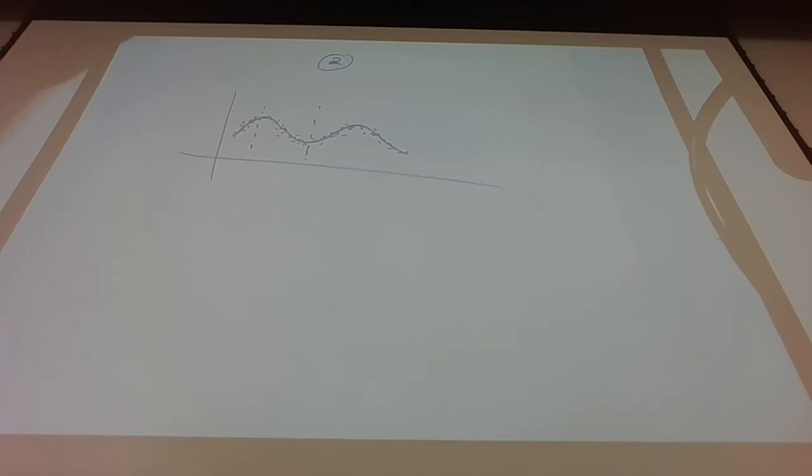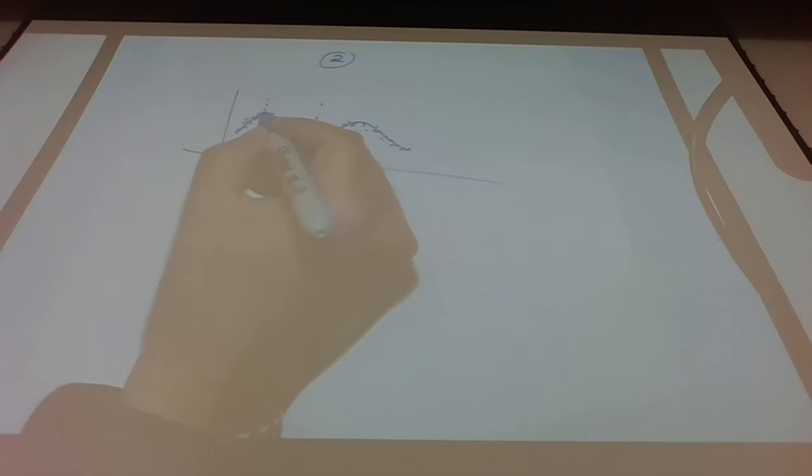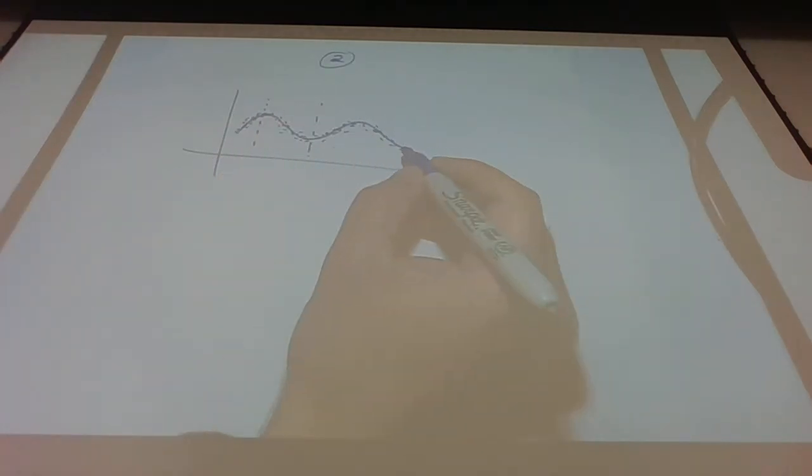But on an average, can you tell me whether it has a positive or a negative correlation? What does it have? Why? How will you draw the line? In order to draw the line, you need 2 points at least. Right? Which 2 points will you select? You have some maximum, so you select this one and you select this one, right?